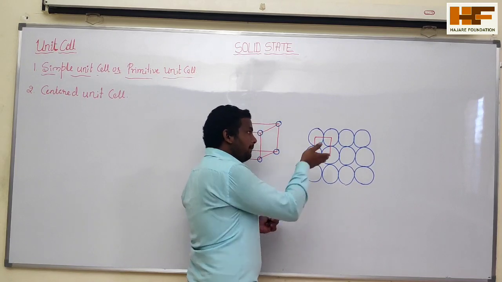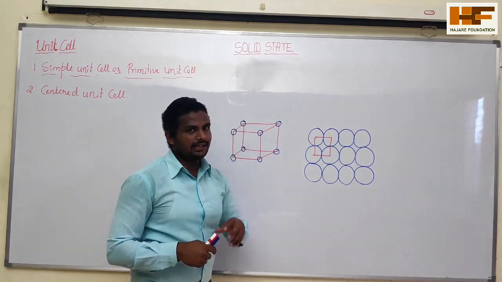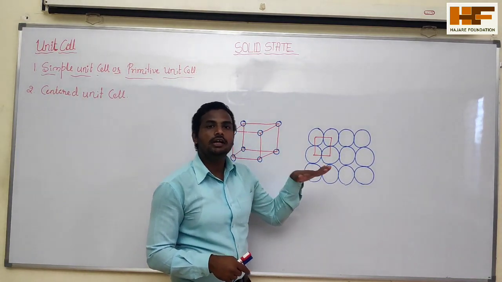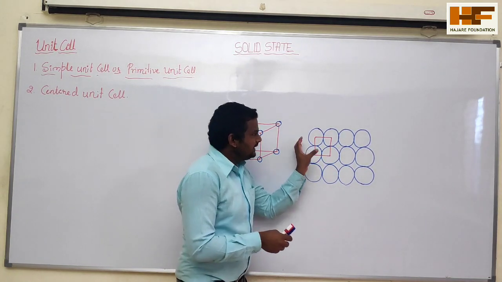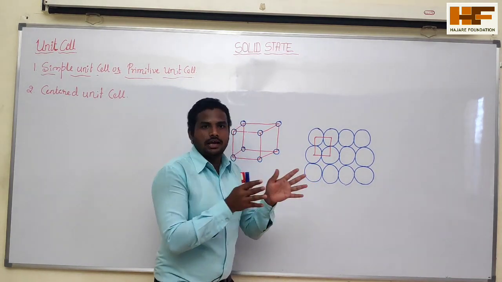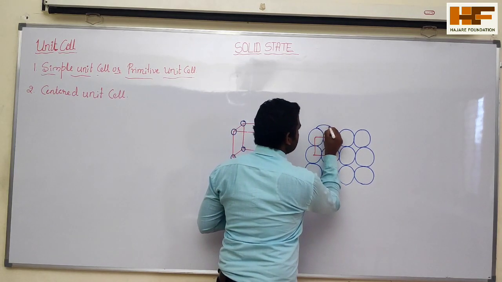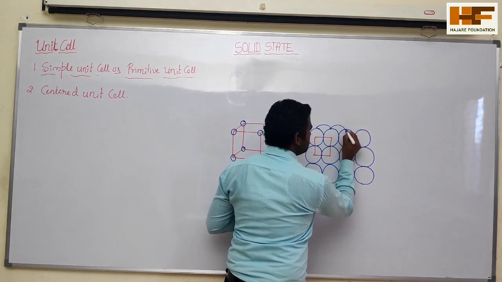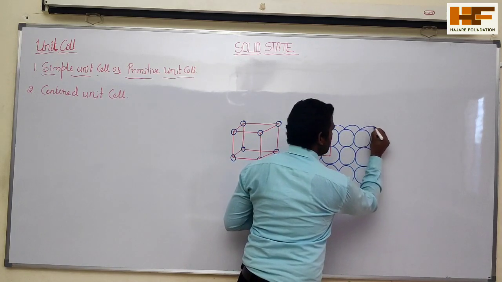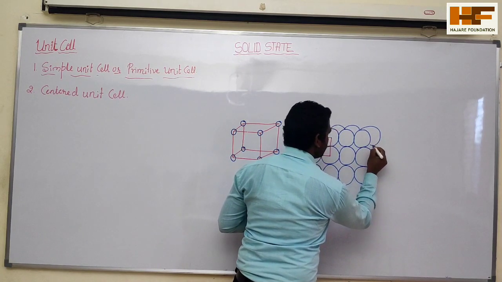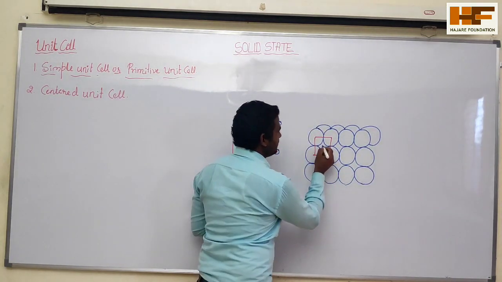Suppose behind this one there are also atoms arranged in a regular pattern, because these atoms are arranged in three-dimensional space. There is an atom here and an atom here, arranged like this.